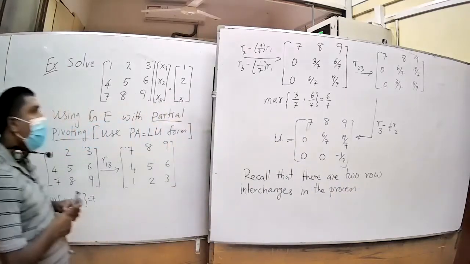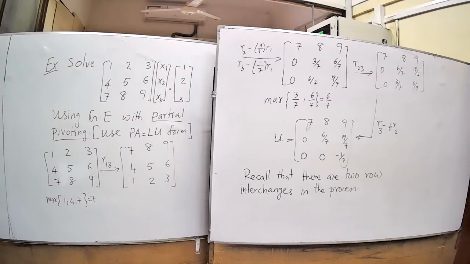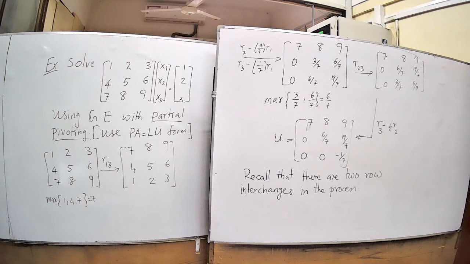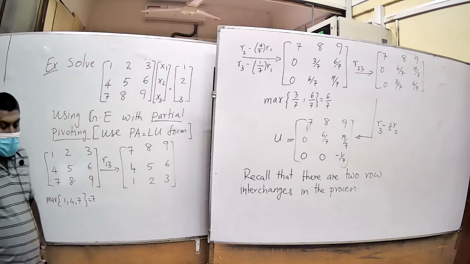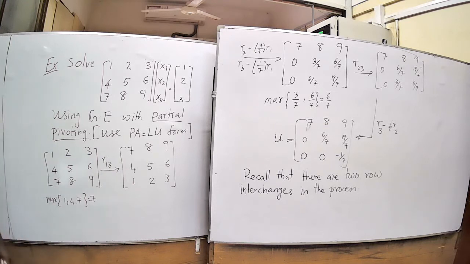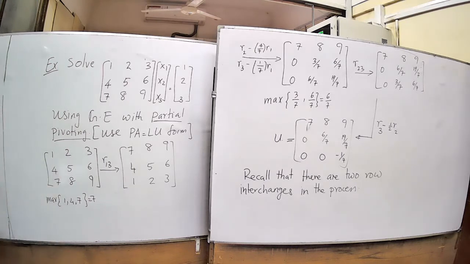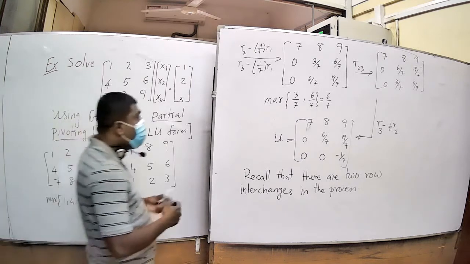So this is what you do. You have this, pick the maximum, find the pivot. So you interchange first, and then you get the values, and then you interchange.